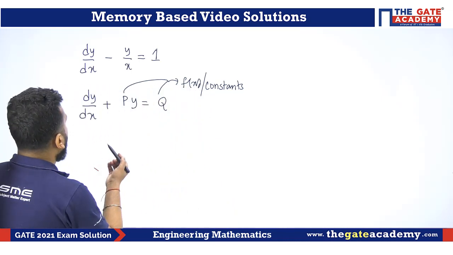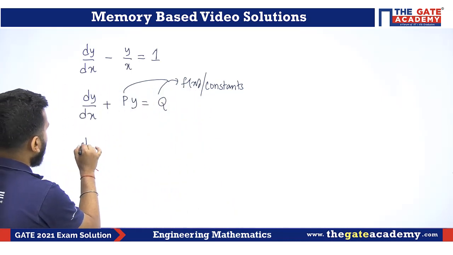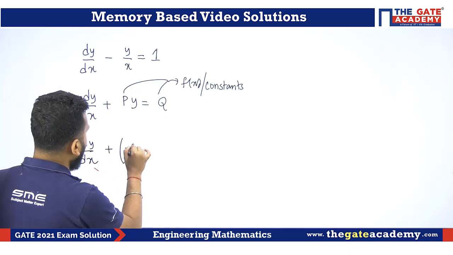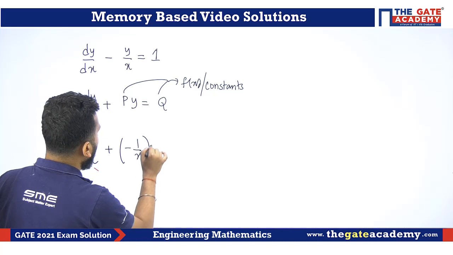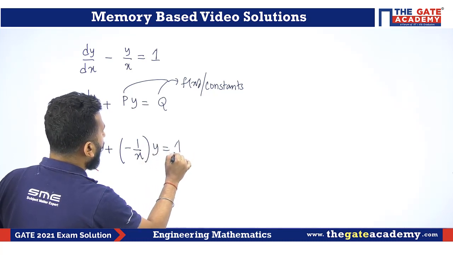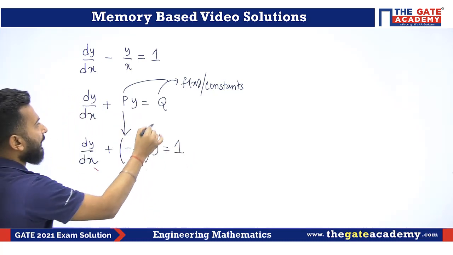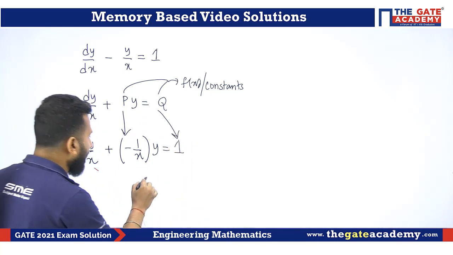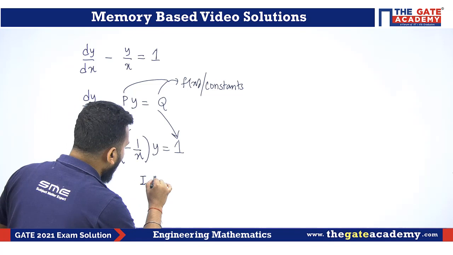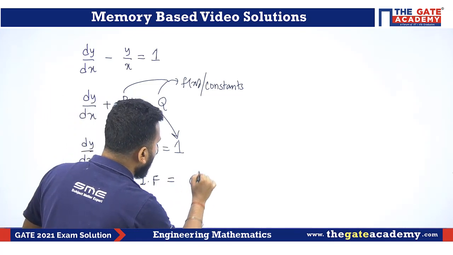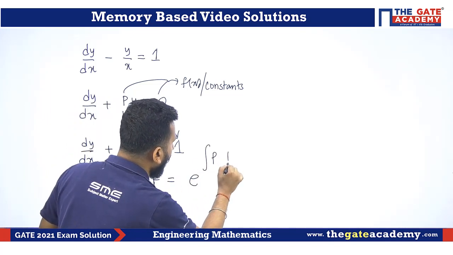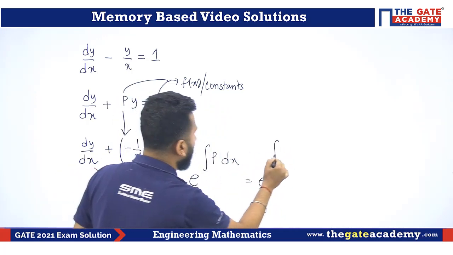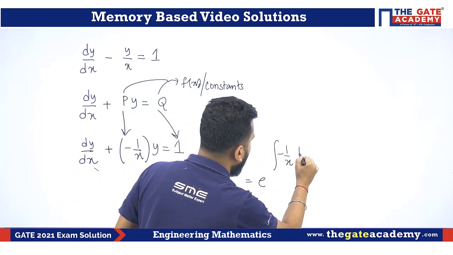Now, what do we need? Well, let me convert this first. dy by dx plus minus of 1 by x into y is equal to 1. What is p? p is minus of 1 by x. What is q? q is 1. What is the next thing? The next thing is finding the integrating factor, e raised to integration p dx. e to the power, what is p? p is minus 1 by x into dx.